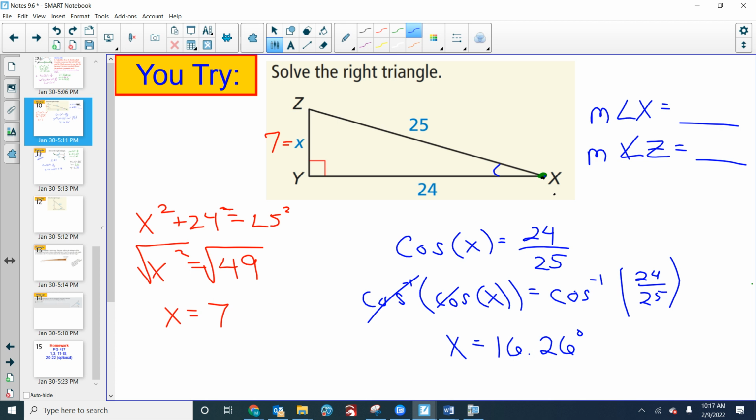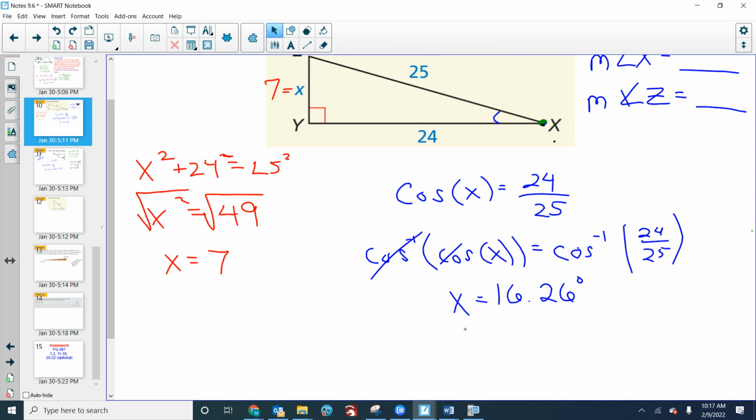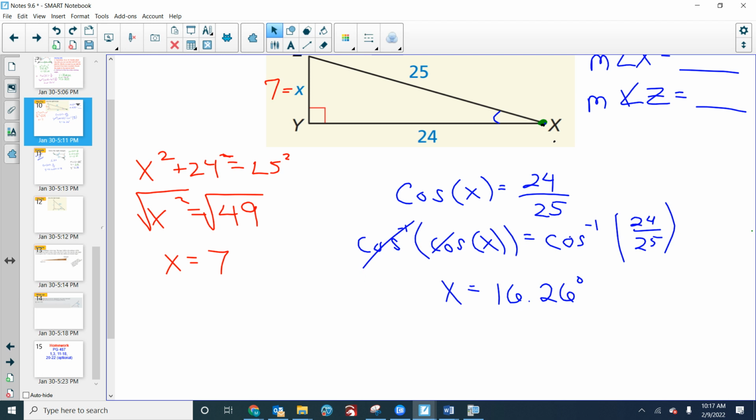So here's what I was saying I go back and forth on. I go back and forth on whether I'm going to require you to show this second step. All right, I'm going to make a decision. I need to see that step, and then I at least need to see x equals the cosine inverse of 24 over 25.